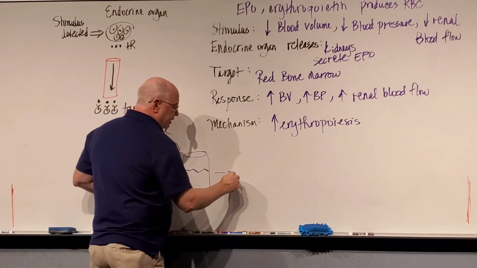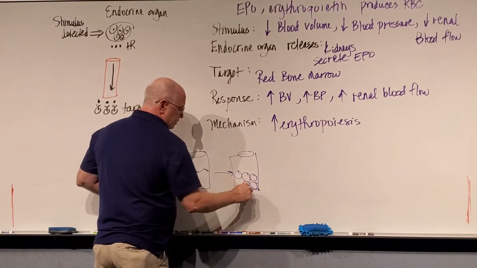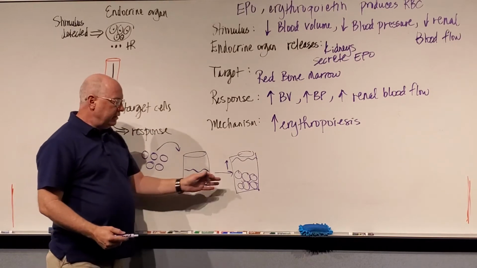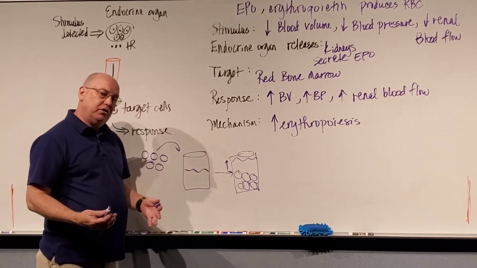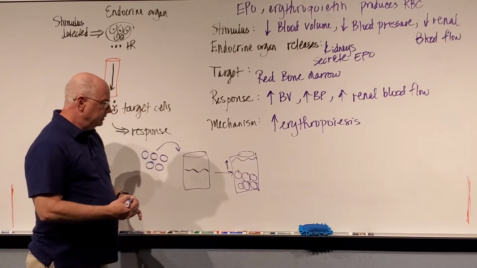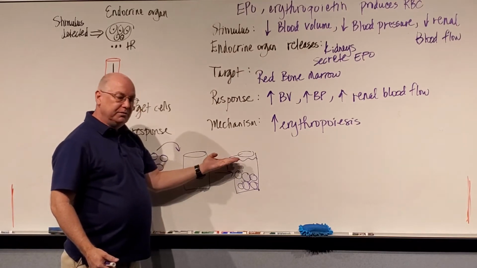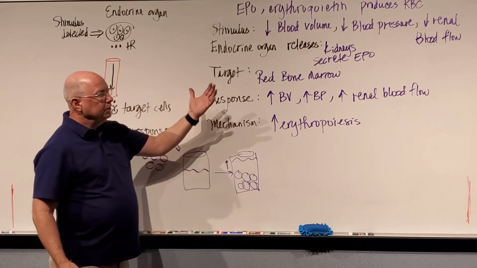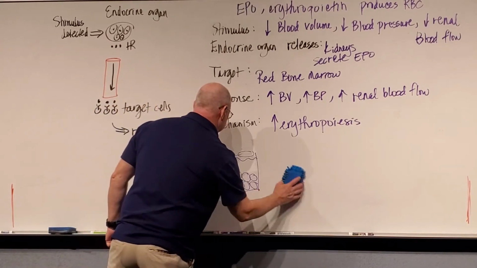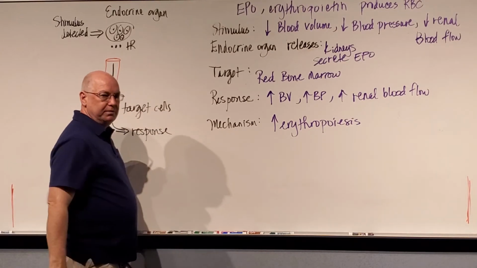So the more marbles I add, the more it raises the overall volume. It may not raise the volume of fluid, but it raises the overall volume. And the volume is comprised of these structures and these structures combined. So if I increase the red blood cell count, I increase my blood volume, I increase the blood pressure, which will restore renal blood flow. Make sense? I hope so. So now we understand erythropoietin. That's everything you need to know about it.